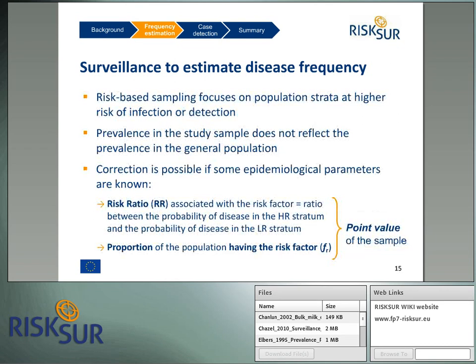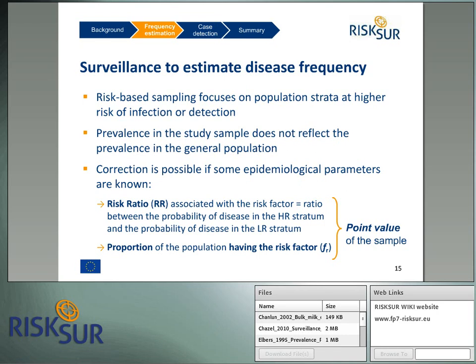Risk-based sampling, as we will see later on in this lecture, focuses on strata at higher risk of being infected or detected. This will maximize the chance of detecting cases, but will also generate a non-representative sample of the population. If we want to estimate disease frequency from a sample that is intentionally biased towards the diseased part of the population, then we have to apply some method to correct it, like for instance the point value correction.